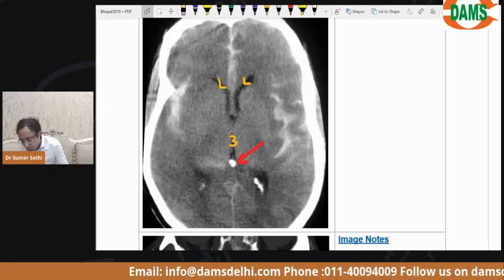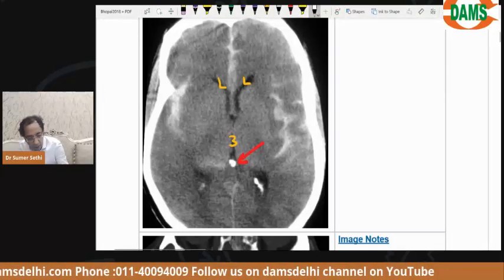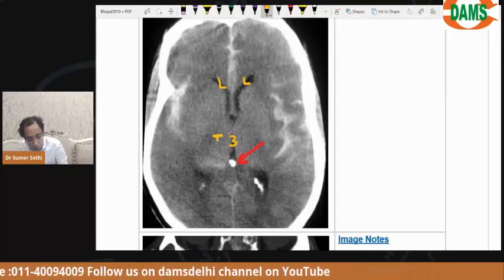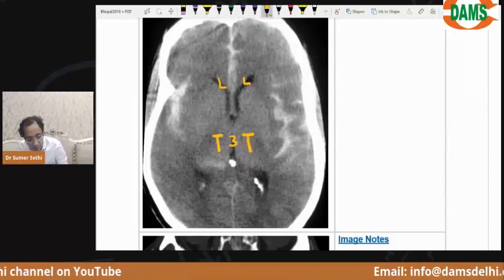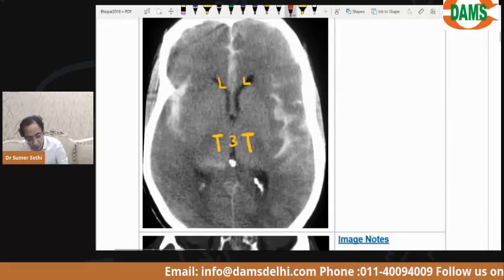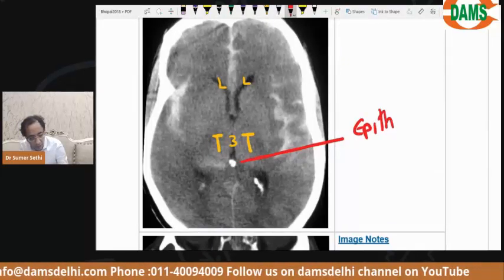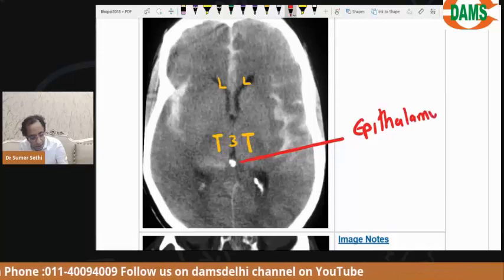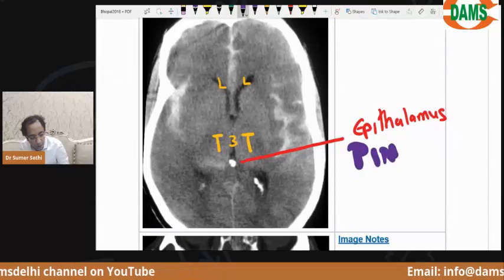Now see, the white thing that you see behind, if you remember the anatomy that I taught you, on either side of the third ventricle you have the thalamus. Posterior to the third ventricle you have the epithalamus. This epithalamus forms a structure which is known as pineal.